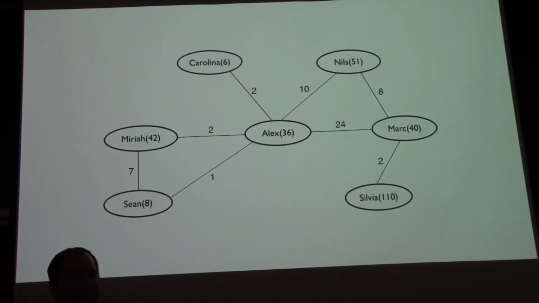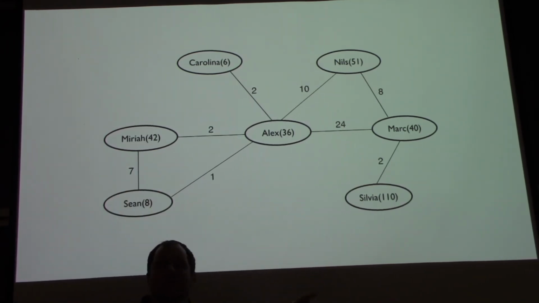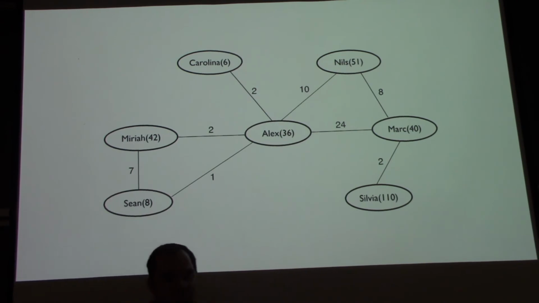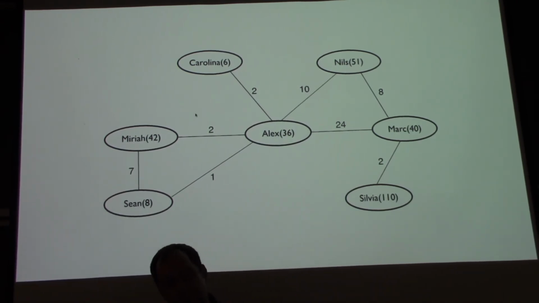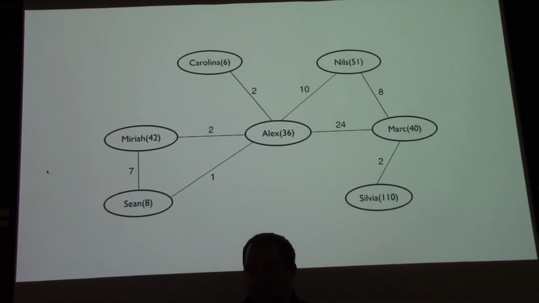It's the shortest path. Or if you don't want to have the shortest path, you could say Sean, Mariah, Alex, Mark, Sylvia. And this is what's called a topology-based task. So we traverse the graph mentally, we look for neighborhoods and so on. And so the longer the distance, the tasks are easy to do in such a node link diagram.